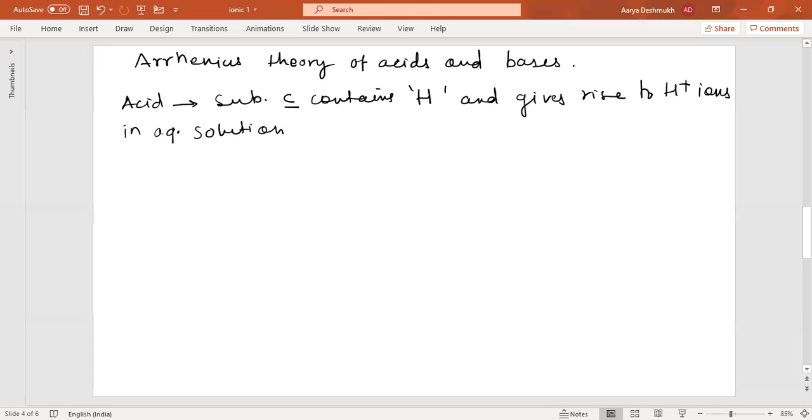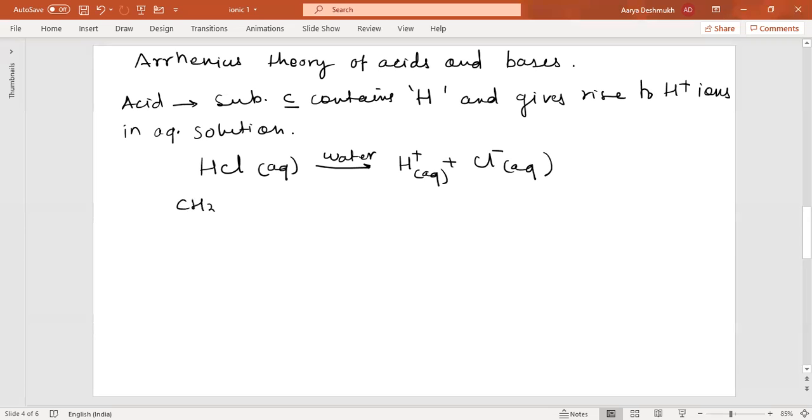If you consider hydrochloric acid, and you prepare an aqueous solution by adding water to it, it will dissociate as H plus and chloride ions in aqueous medium.